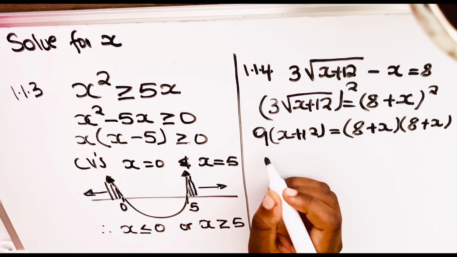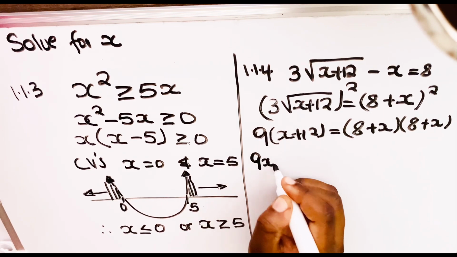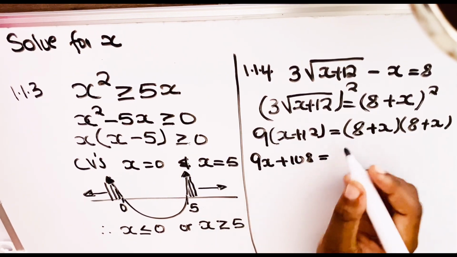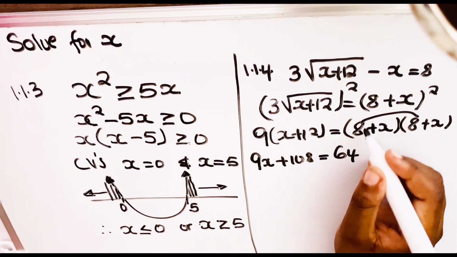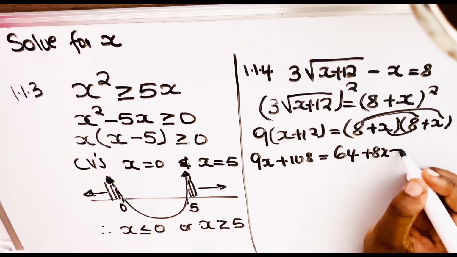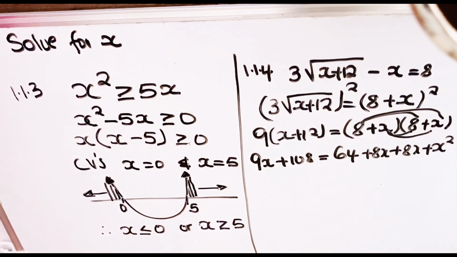Simplify by removing the bracket. We'll multiply each term by 9. That will give us 9x. 9 times 12 is 108. 8 and 8, the FOIL method, it's 64 plus 8x plus 8x plus x squared.